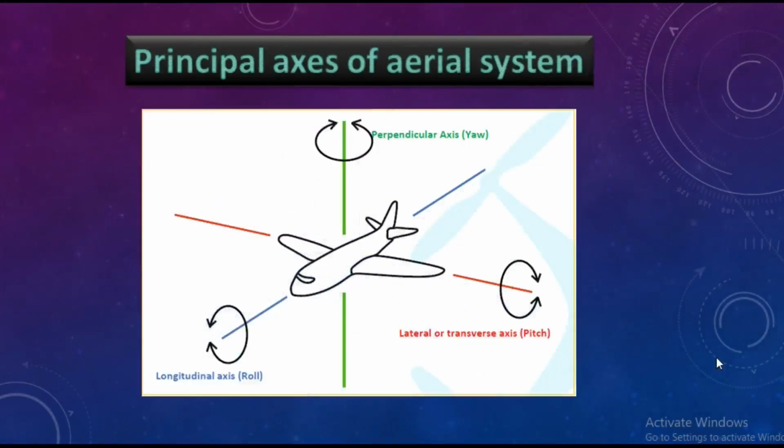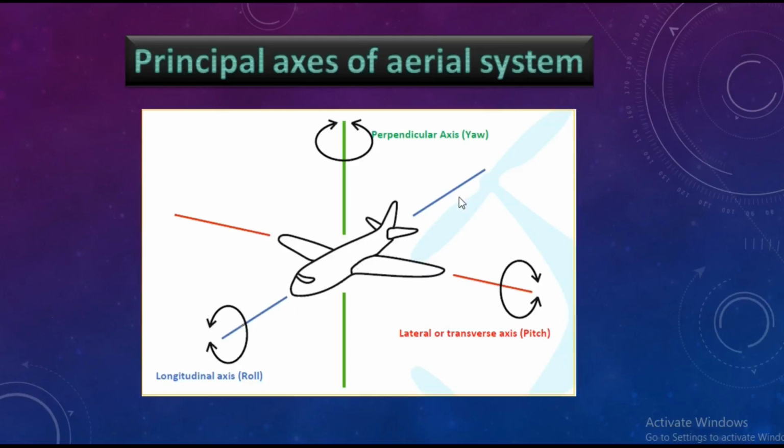So basically, these are the perpendicular axis, longitudinal axis and lateral or transverse axis. So let's start with the perpendicular axis. Basically, the perpendicular axis is denoted by the green line. So the green line shows the perpendicular axis.